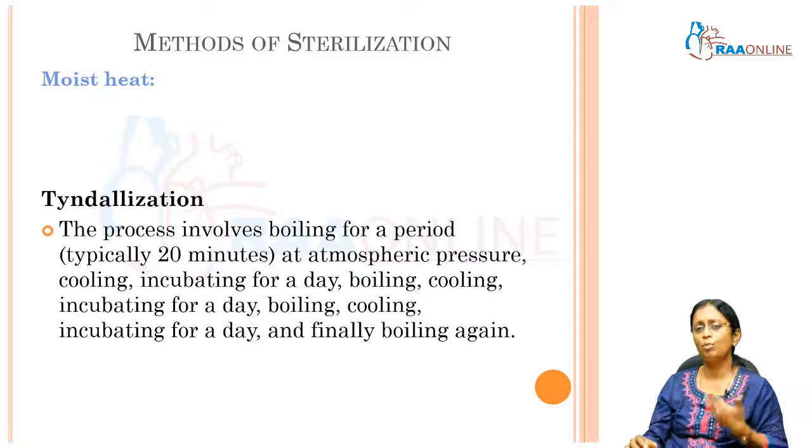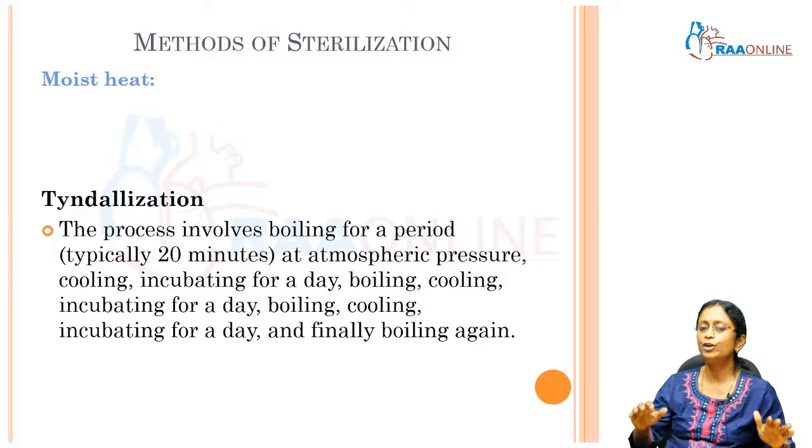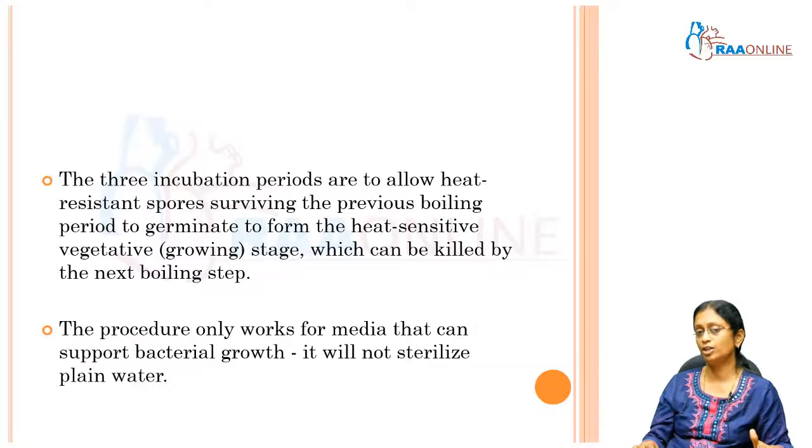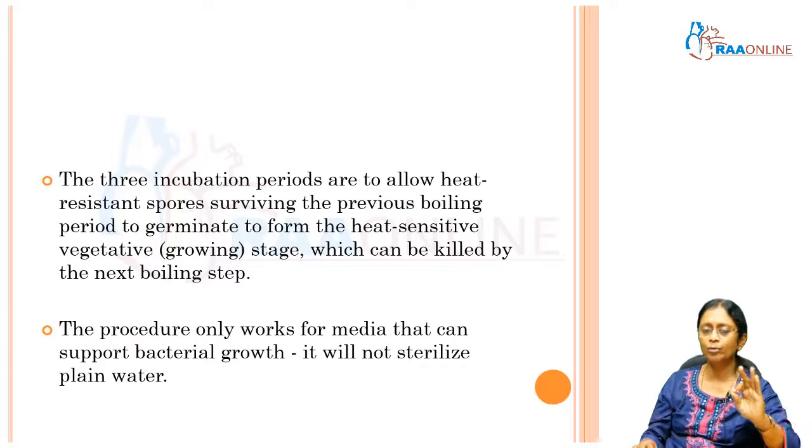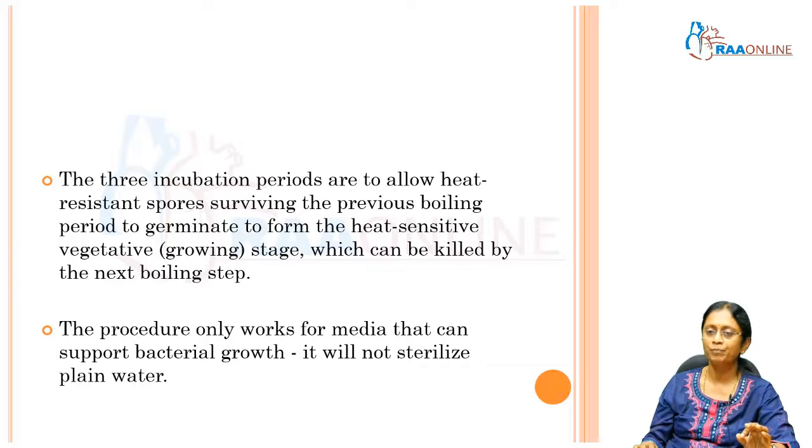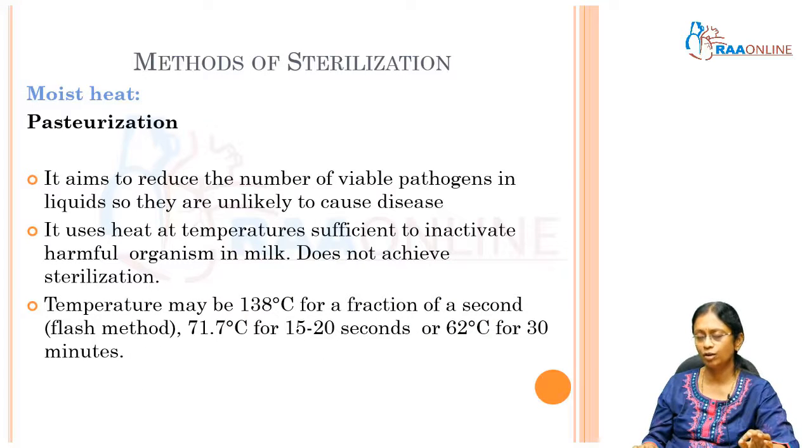You boil the water typically for 20 minutes at atmospheric pressure, cool it and incubate it, then boil again. That is tyndallization. With the three incubation periods allowed, the heat-resistant spores are taken care of, because when they reach their growth stage, they are affected by the heat.